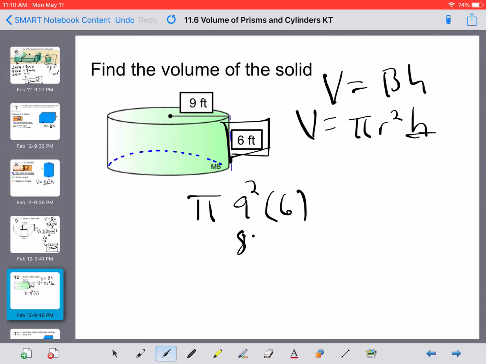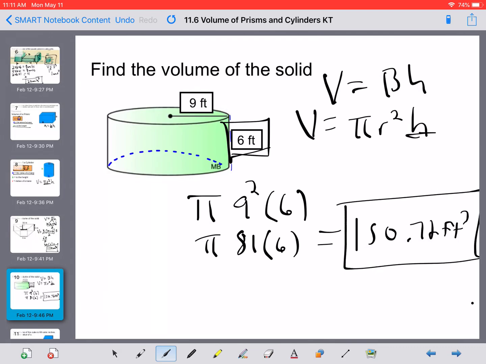Okay, 9 squared is 81, pi times 6. Now I'm going to punch this in my calculator really fast. And I get 150.72 feet cubed, and that would be the volume. Okay, and always your volume is going to have it cubed. That's just part of it.